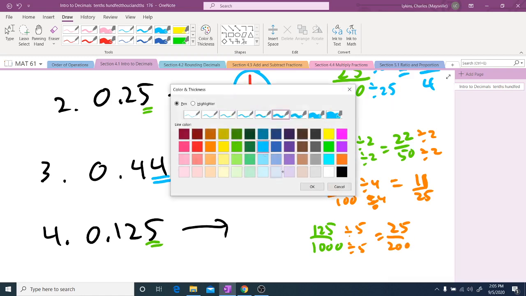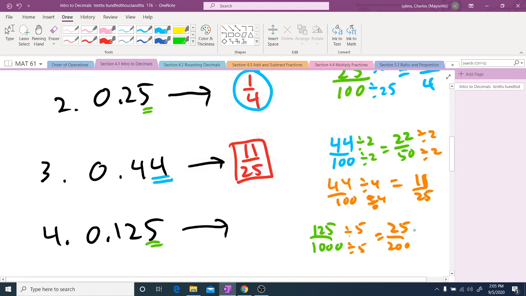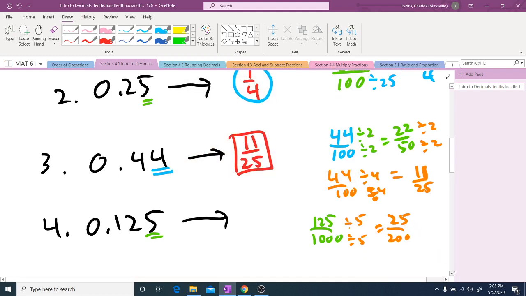And then finally, divide by 5 again. So you get 5 over 40, which if you divide by 5 one final time, you get 1/8.